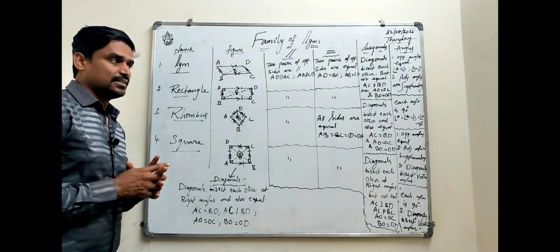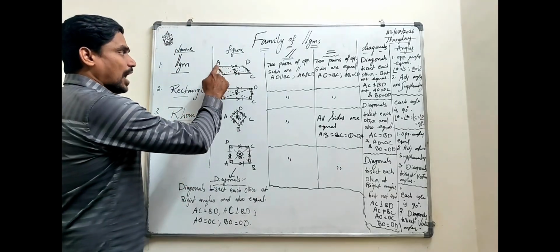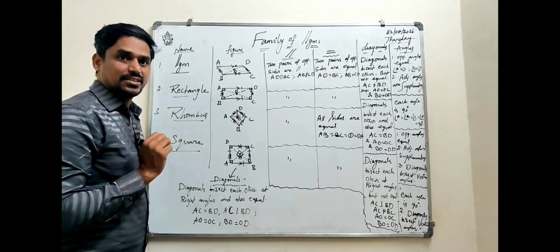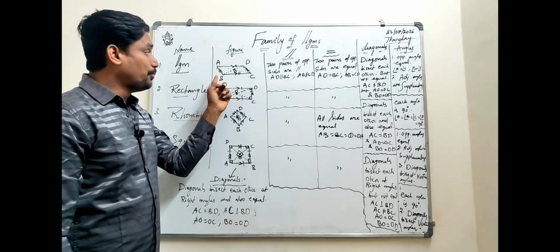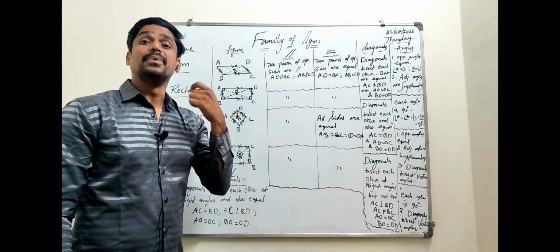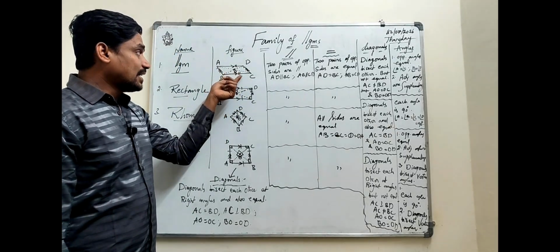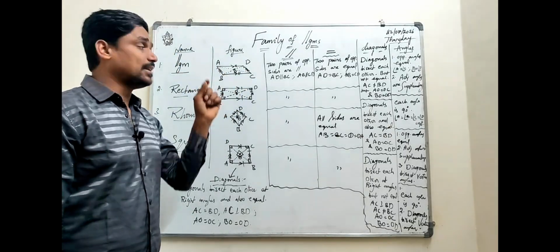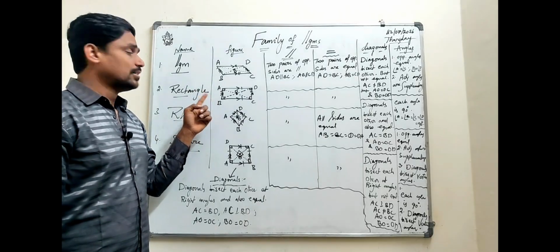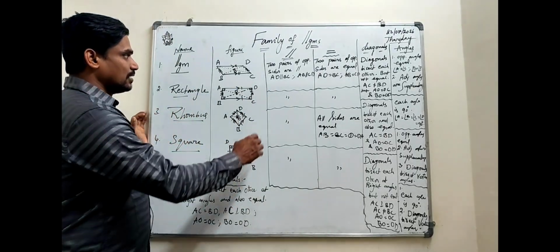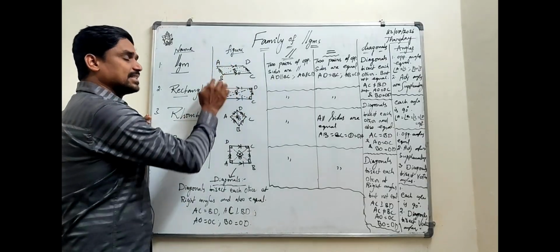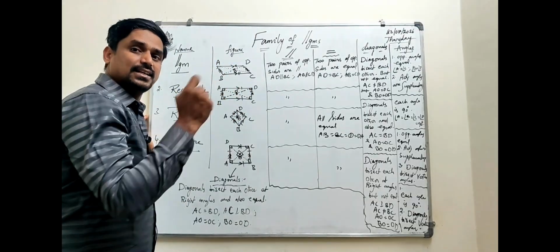You understood, Radhika? With opposite angles equal and adjacent angles supplementary, if one angle is 90, then automatically all other angles also become 90. So a parallelogram with one angle 90 turns into a rectangle.